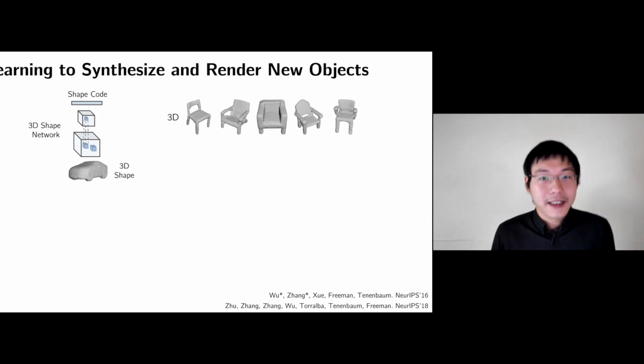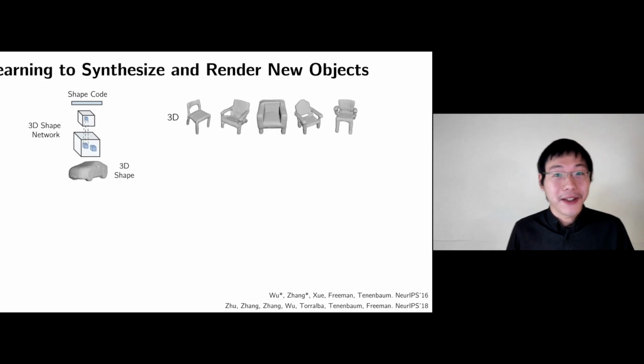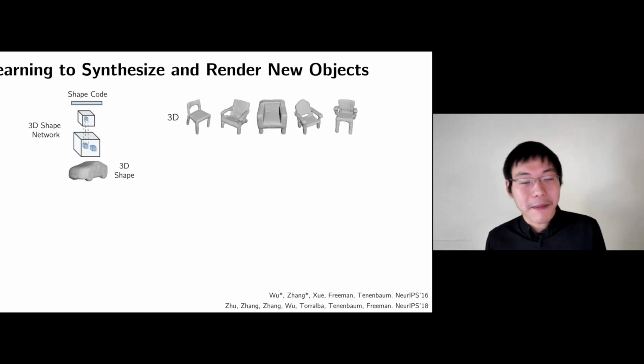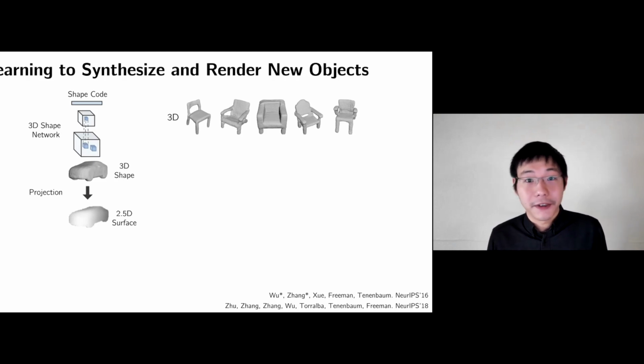More interestingly, we can take this 3D shape and send it into the projection module, the same projection module as before, but here from the other direction. Instead of back projecting a depth map into a 3D surface, we can do a forward projection that takes a synthesized 3D shape and computes the 2.5D surface, right? The depth and the silhouette, but here we're just visualizing the depth.